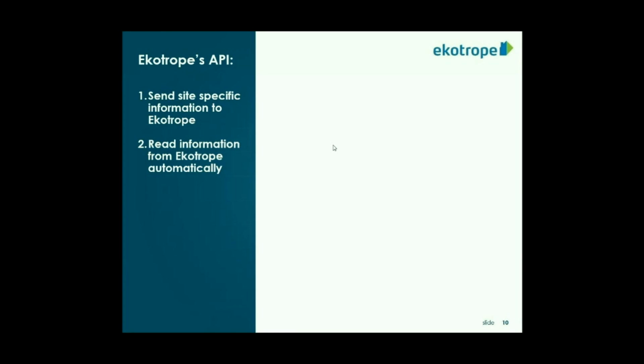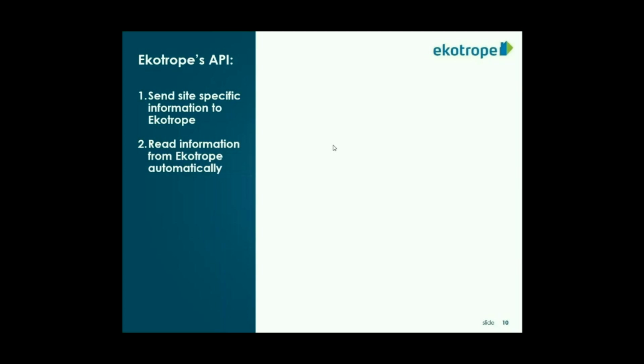So one exciting feature that I'd like to talk about is our API. This is basically a link to send information automatically back and forth to Ecotrope. This means that if you already collect information about your ratings outside of your rating system and deal with manual processes of double data entry, Ecotrope can actually help or might be able to help.